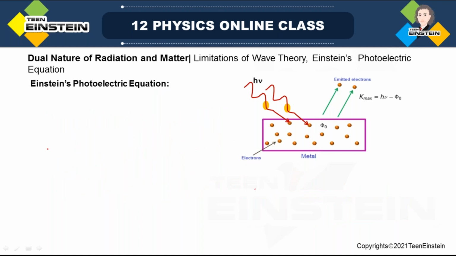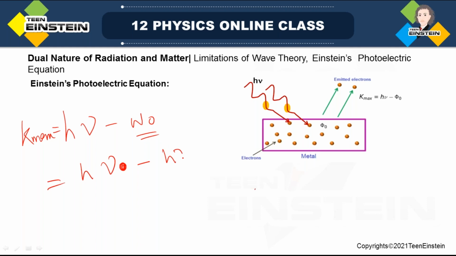So this is the famous equation for K max, h nu minus w0. Sorry, this is h nu or h nu 0 I can write. This is the threshold energy, corresponding to the threshold frequency.